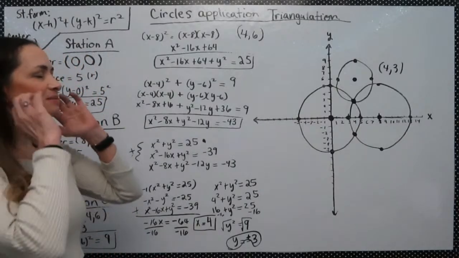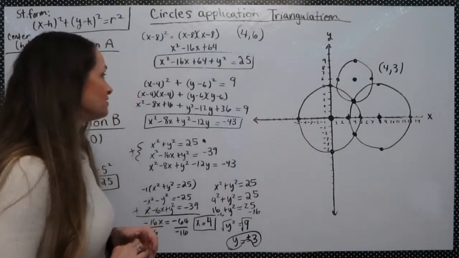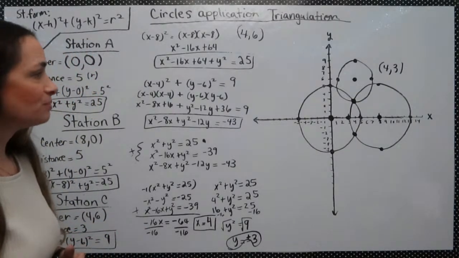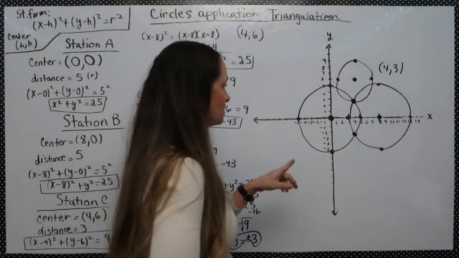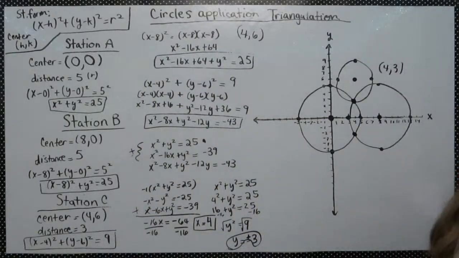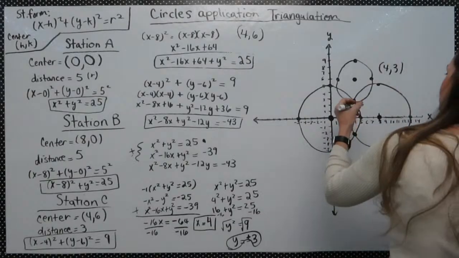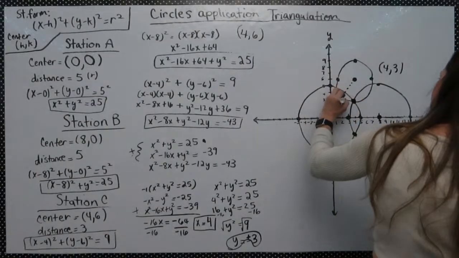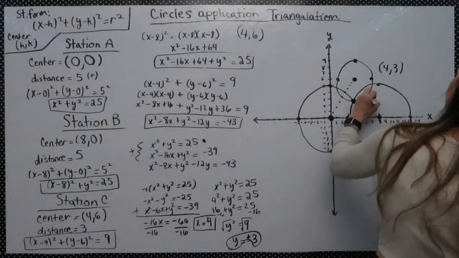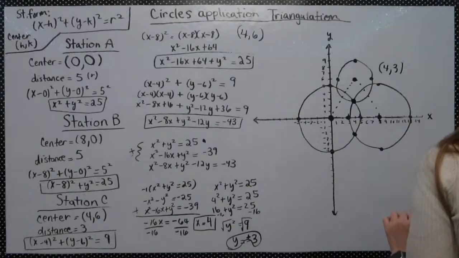But I got to thinking, well, this is involving triangles, because essentially what you're doing is triangulating. Let's go ahead and just draw the triangle here if you want to see it. What you're doing is making a triangle out of the centers of those circles.